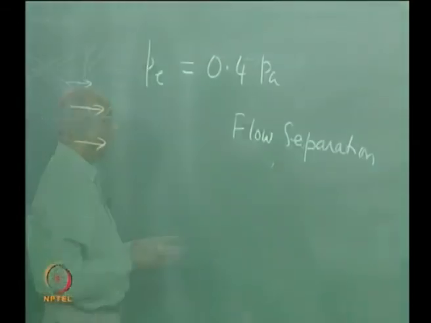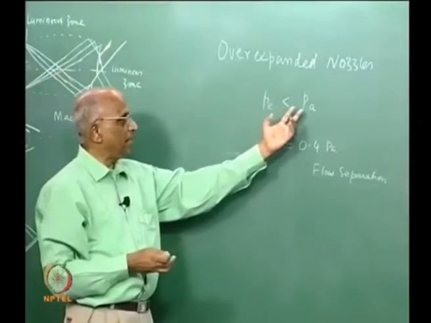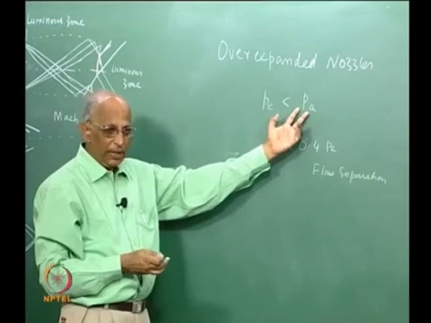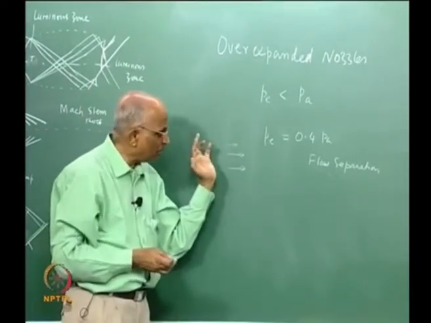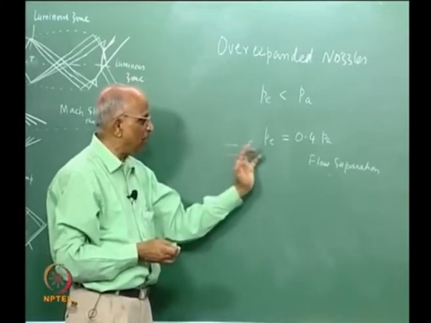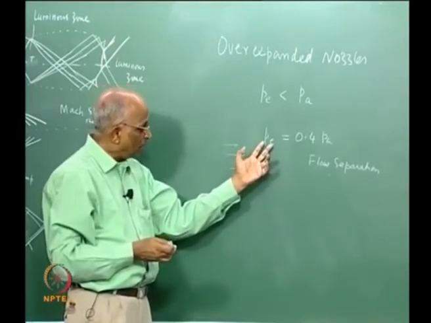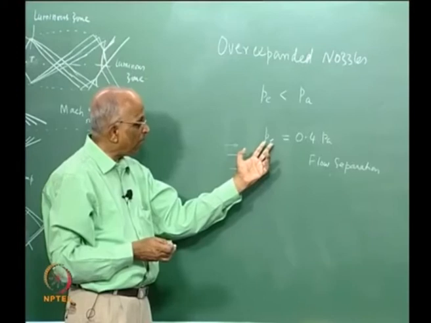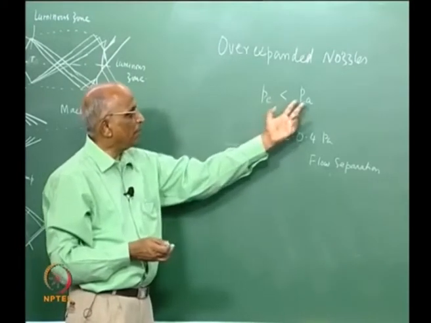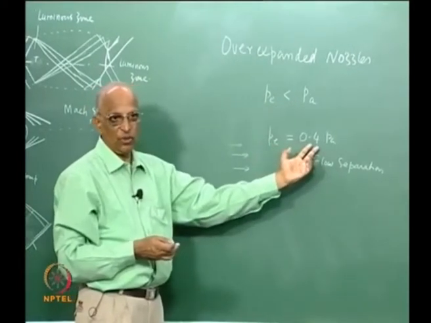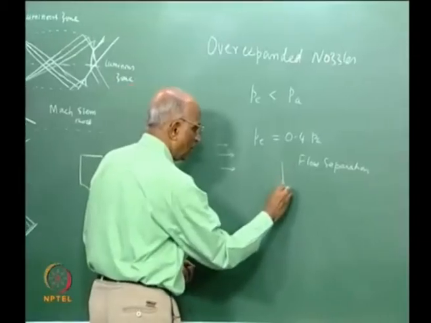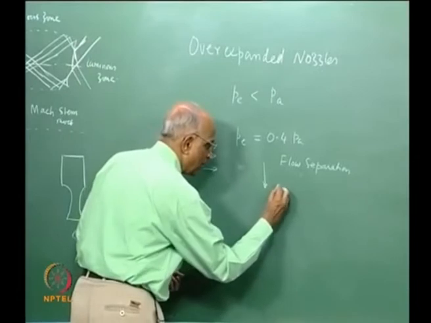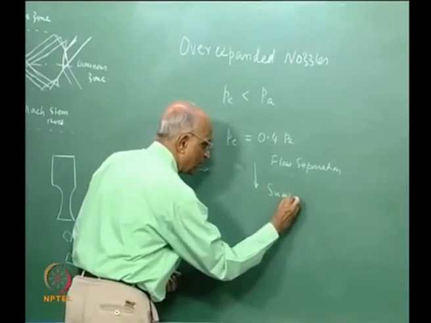Even though ideally I said PE equals ambient pressure, in practice experiments have shown that because of the inertial forces which are already available, the rocket nozzle can operate at a much lower value of PE compared to PA, and this value is 0.4 times, and this condition was devised by Summerfield and it is known as the Summerfield criterion.